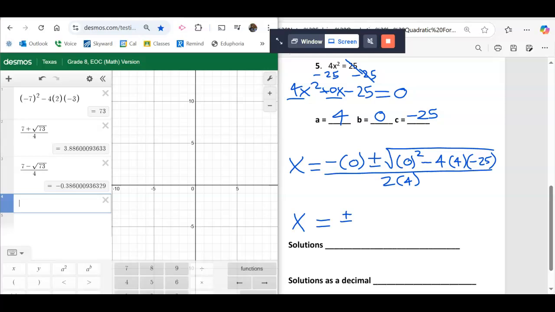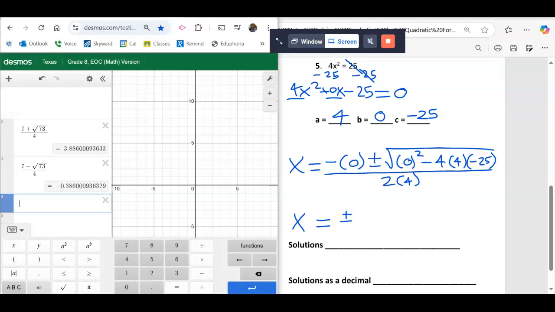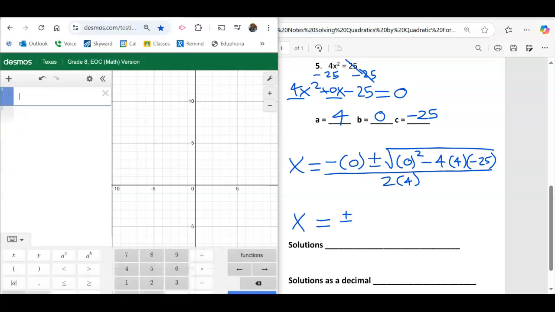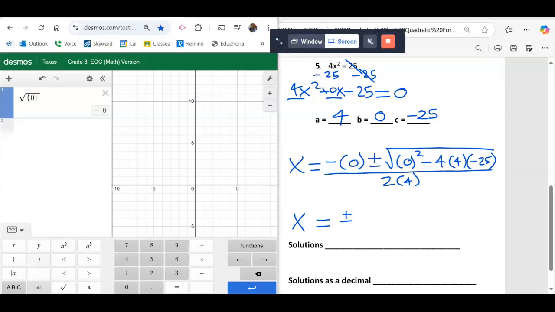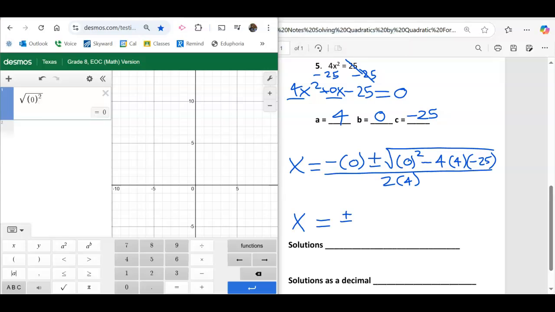And then let's do that square root. Square root of 0 squared minus 4 c.